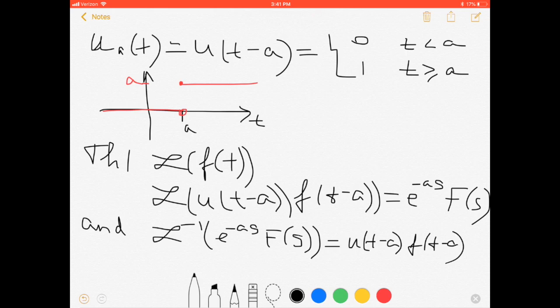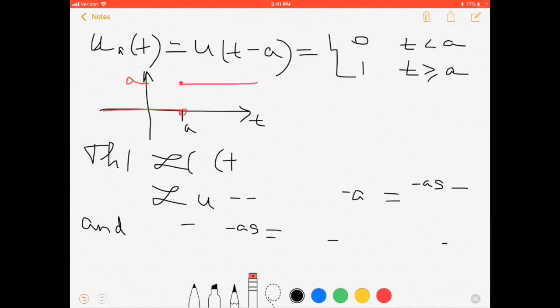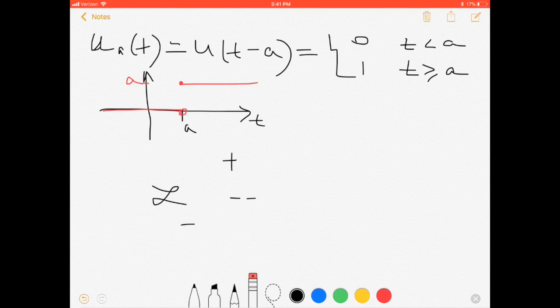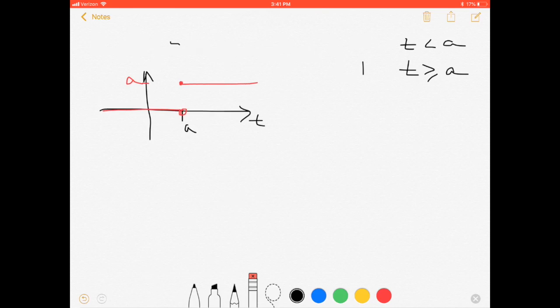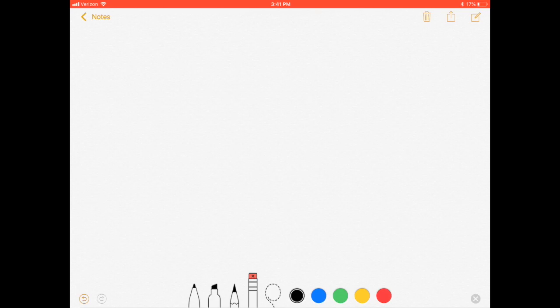We can look at some examples. First I clear my table. Just a moment. I think you remember the definition of our unit step function.